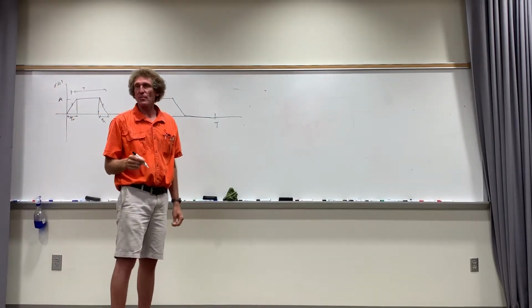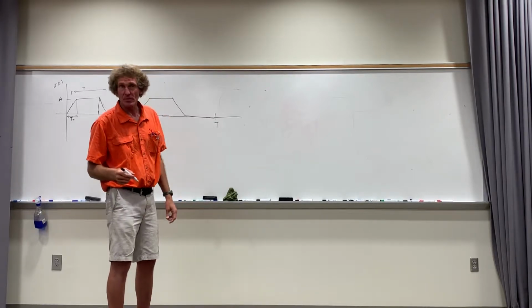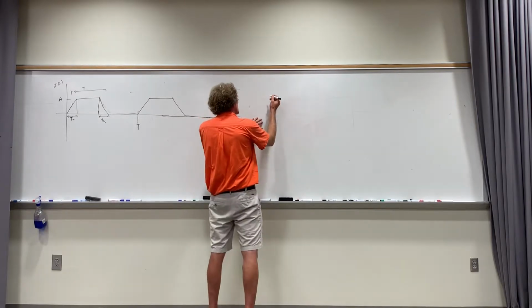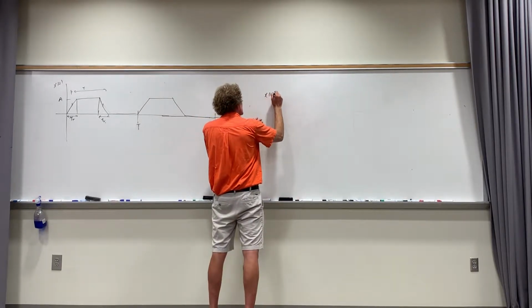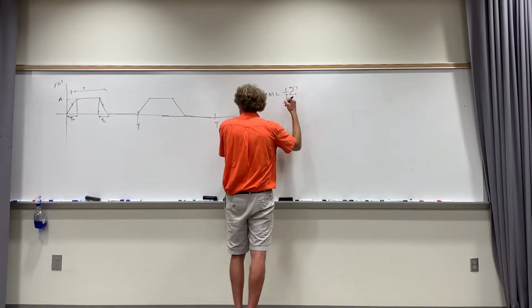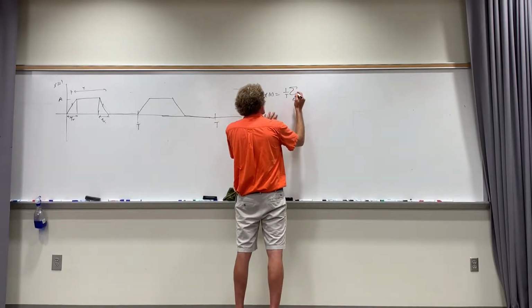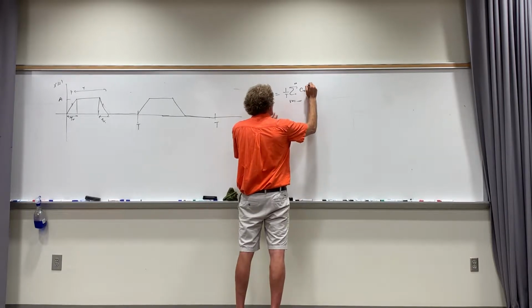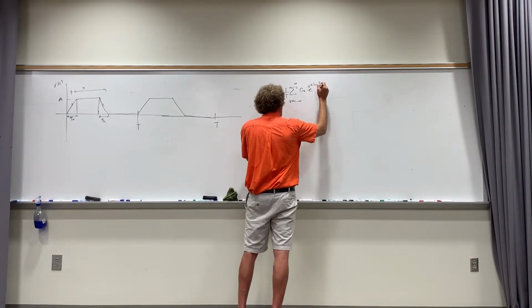Now, that waveform obviously can be represented in terms of the exponential Fourier series. It can be represented as x of t equals the summation, where n goes from minus infinity to infinity, of c of n e to the j n omega naught t.